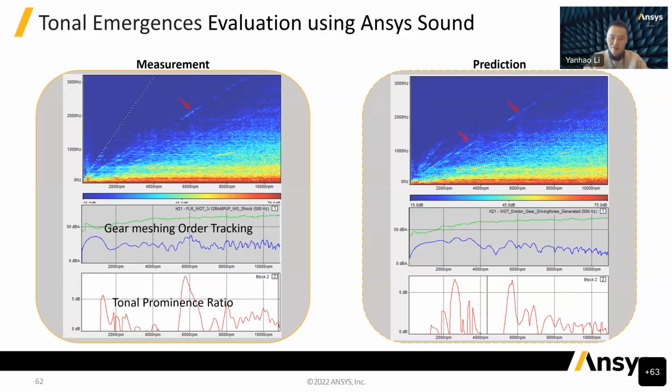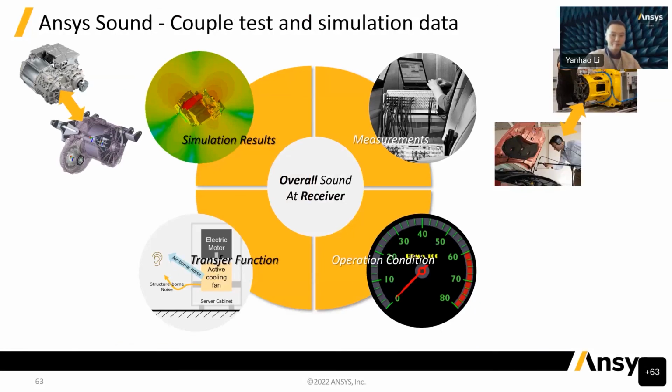In the measurement, around 6,000 RPM, we can find the gear meshing orders are really audible. And on the right, you will find the order noise can also be audible around 2,500 RPM. Yes. Next, please.